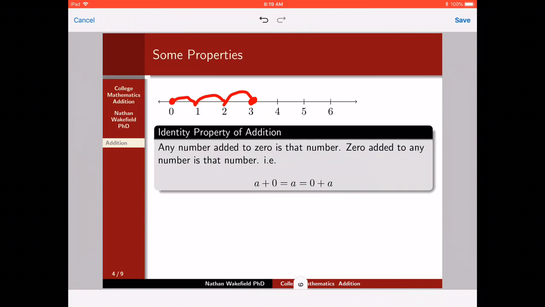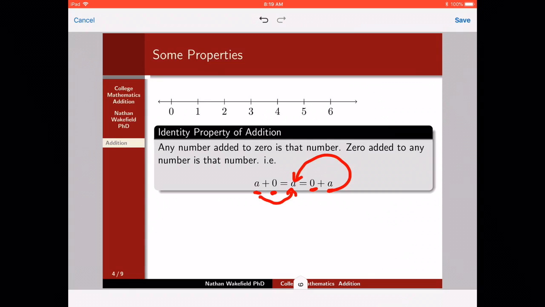So this gives us this property of addition, specifically that any number plus 0 is that number, and 0 plus any number is that number. So just to reiterate this, if I take any number and I add 0, I get that number. If I take 0 and add any number, I get that number.